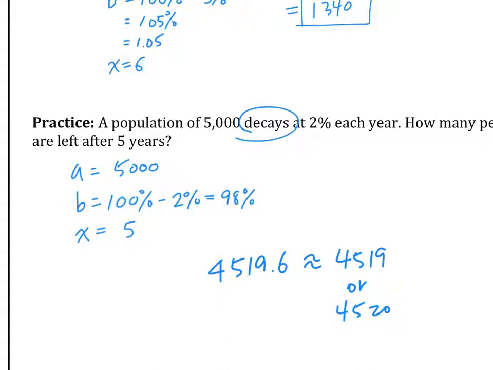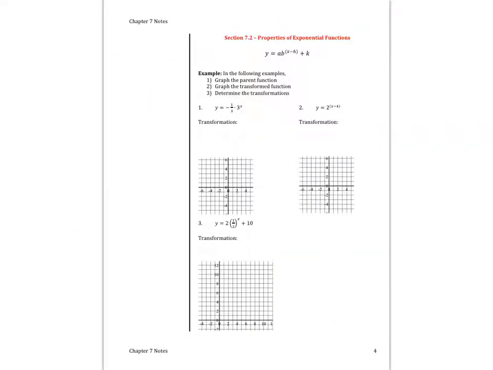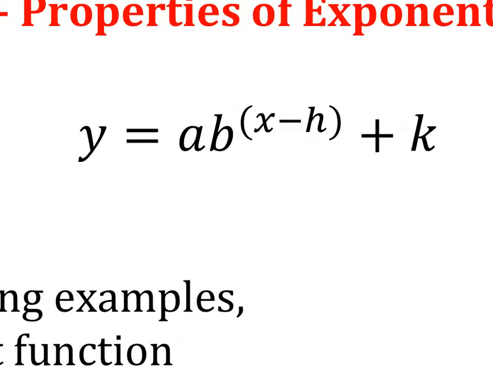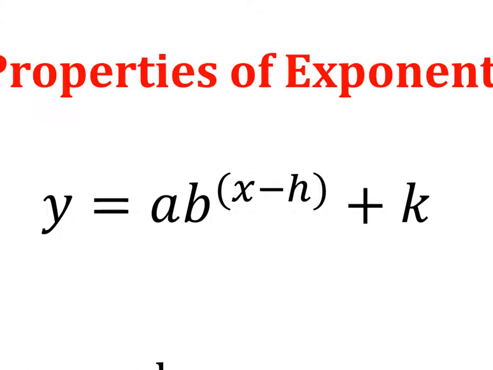We are now going to talk about transformation of these exponential equations, which is pretty easy. Let's look at this. A times B to the X is the general form of the exponential equation. Now we have to remind ourselves what all these things are.